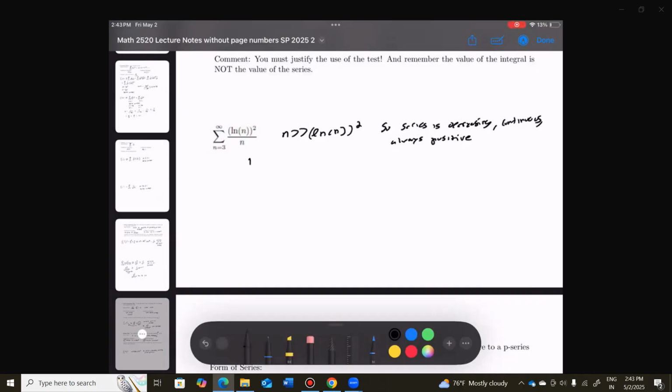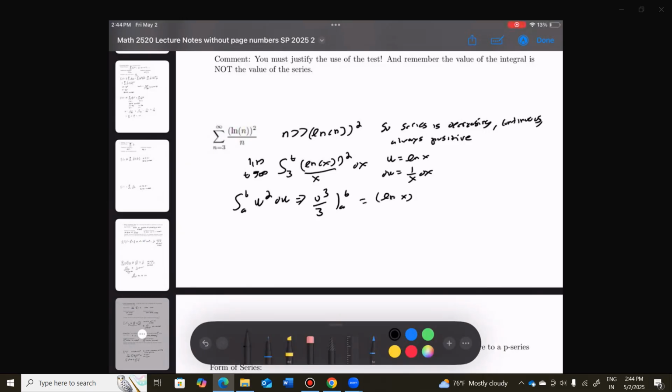Right, so the limit as t goes to infinity, from 3 to t of the natural log of x over x, that top being squared, dx. We'll let u equal natural log of x, du equal 1 over x dx. So this becomes the integral from a to b of u squared du, which is going to be u cubed over 3 from a to b, which is going to be natural log of x cubed over 3 from 3 to t.